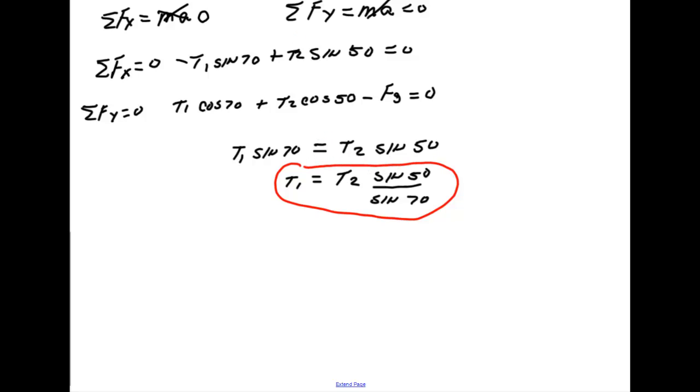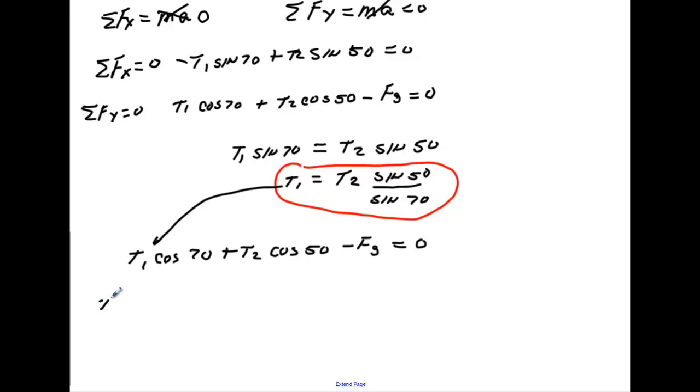We go back to our second equation, where we have T1 cosine of 70 plus T2 cosine of 50 minus the force of gravity on that block is equal to 0. We substitute this back in here.